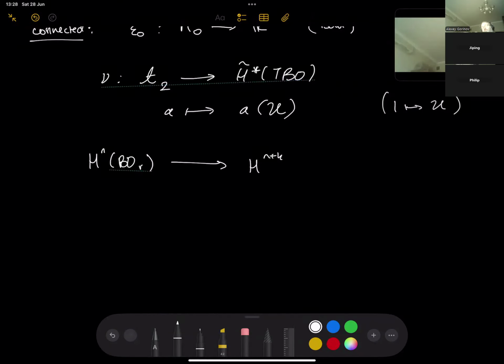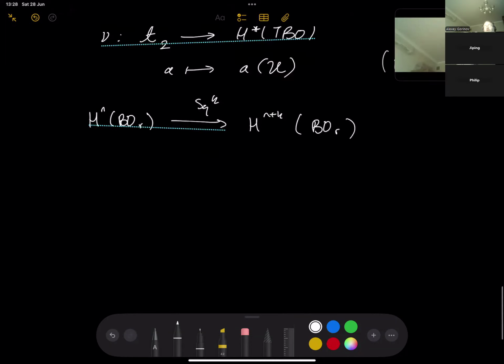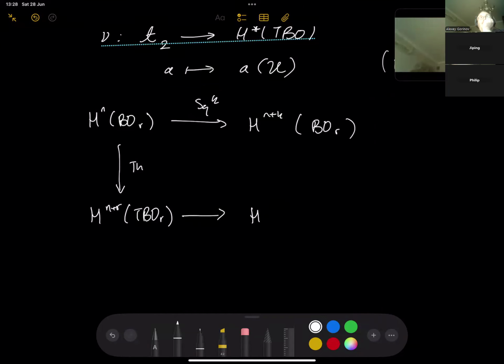Here we have SQ, then the Thom isomorphism.